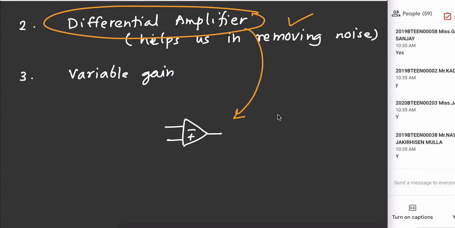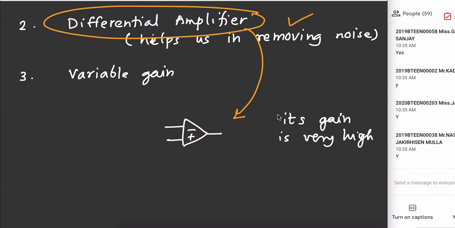So this is done. Okay, but the problem is that its gain is very high. Yesterday we talked about that. We need not that very high gain in our application.